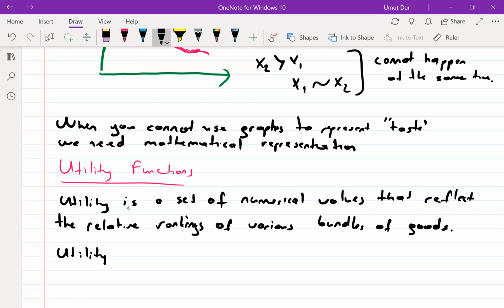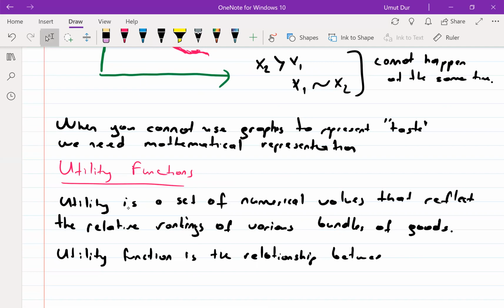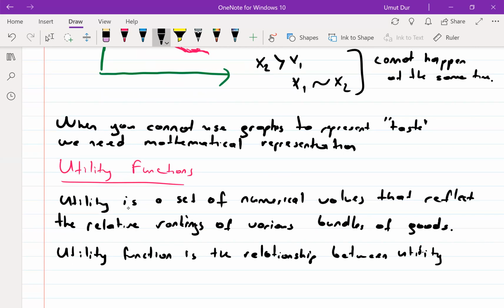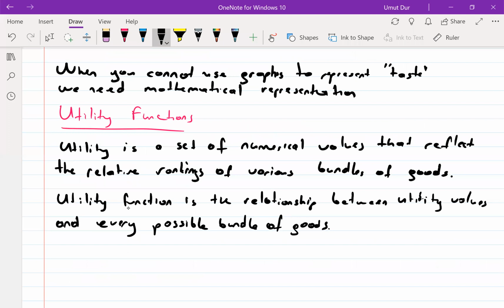Okay, utility function is the relationship between utility values and every possible bundle of goods. We will represent utility function with u.